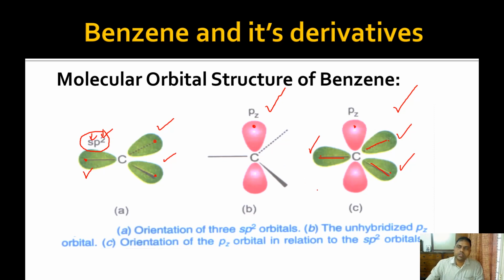Now what happens? This is of one carbon, so we have to take six carbons into consideration. Benzene has got six carbons in it, right? Now what we will do is, we will join this carbon to the other five carbons.